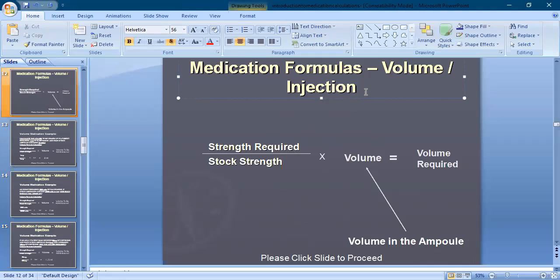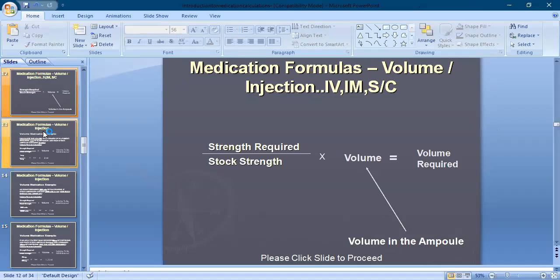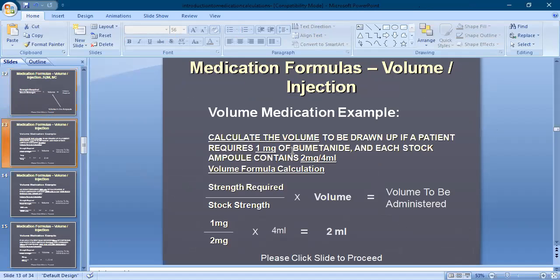Injection may be IV, IM, or even sub-Q, okay, for all. Go next. Example, volume medication.